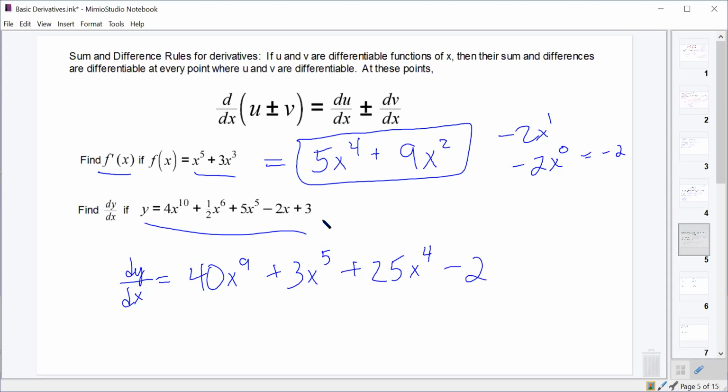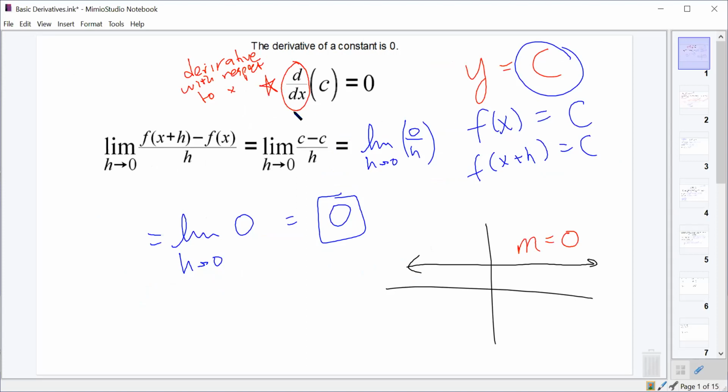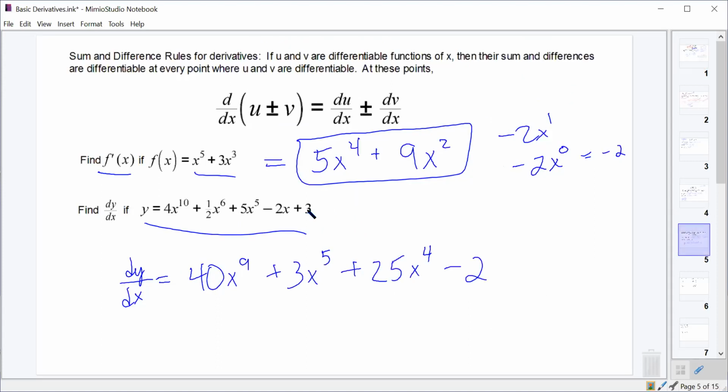The derivative of a constant is 0. 3 is a constant, its derivative is 0. You're done.